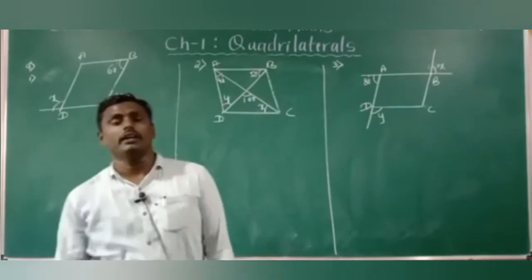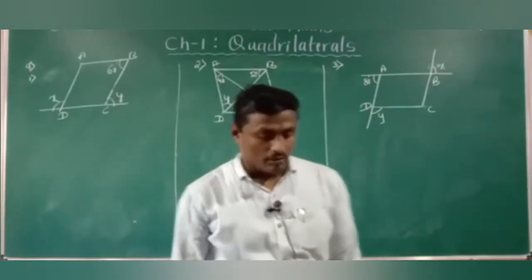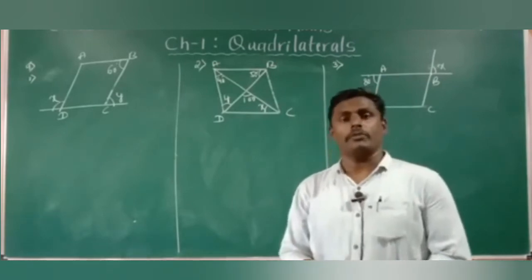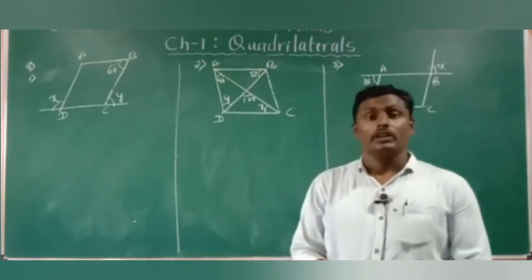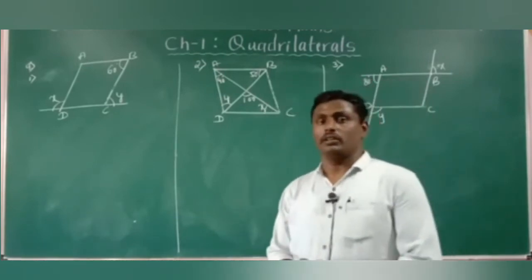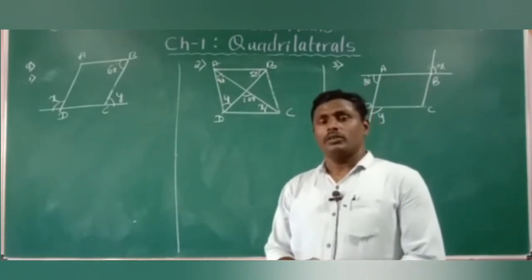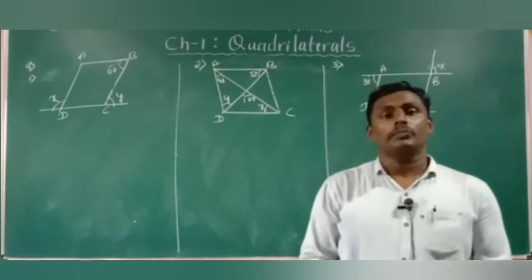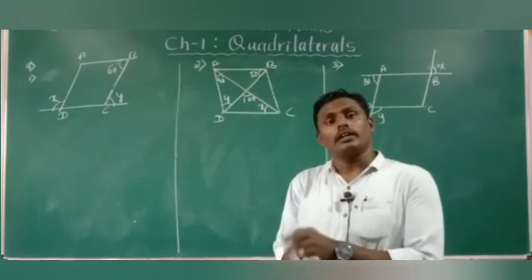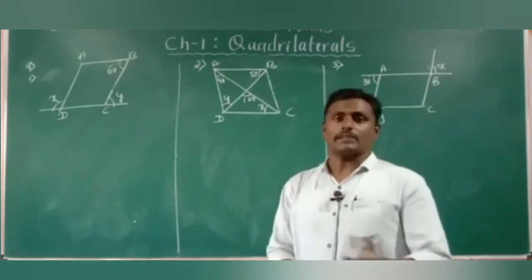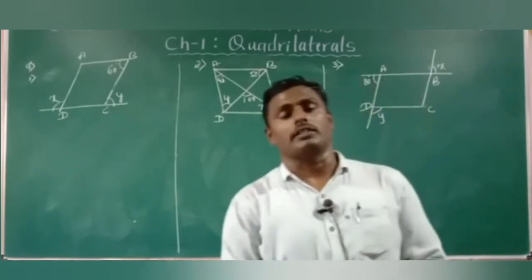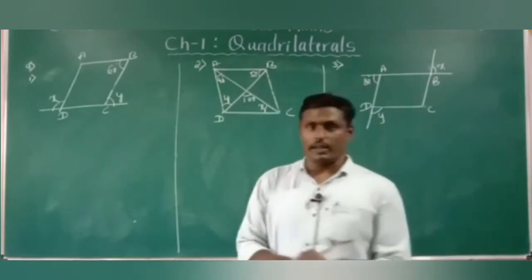Whenever angles are formed in parallel lines by a transversal, as you already learnt in the previous classes, alternate angles are equal, corresponding angles are equal, and the sum of the two co-interior angles is equal to 180 degree.